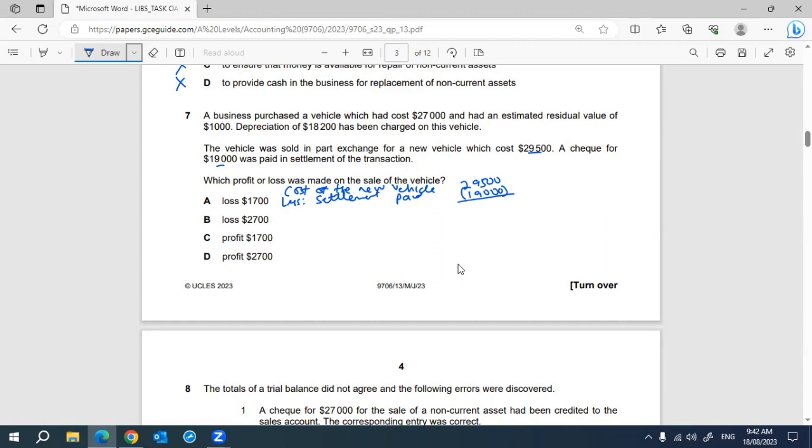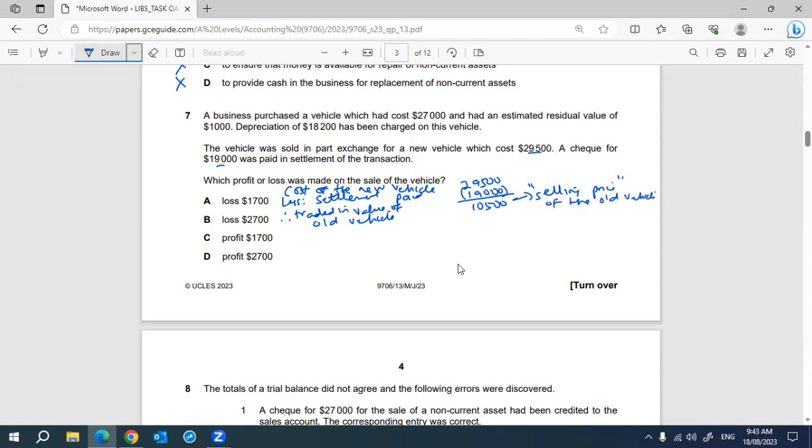So which means we must have traded in the old vehicle for a value of 10,500. So this can be regarded as the so-called selling price of the old vehicle.